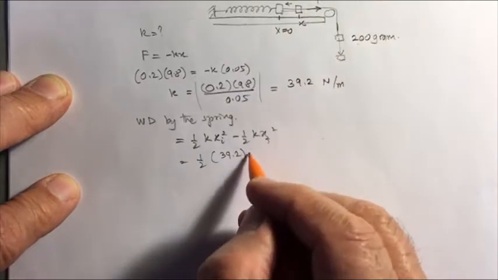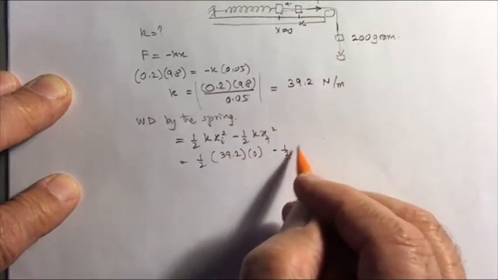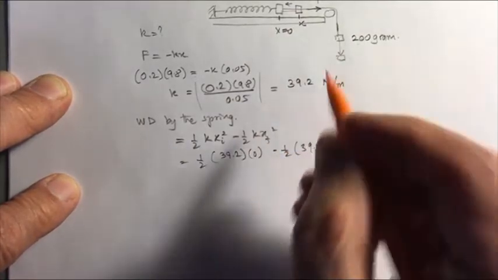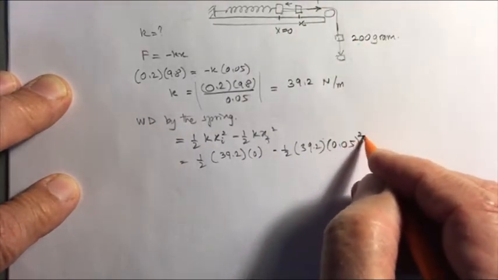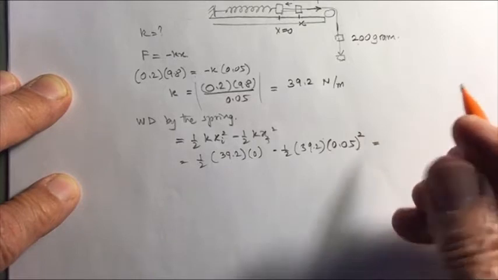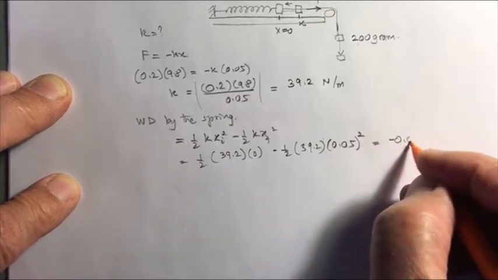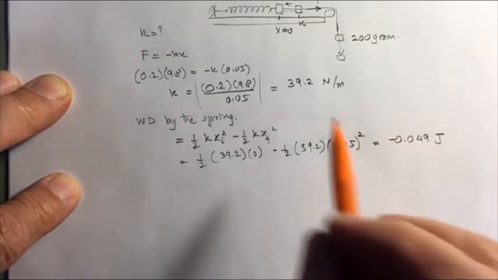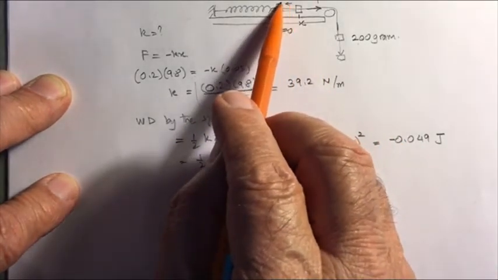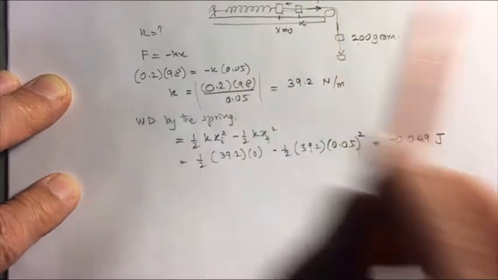X initial we can take as 0, and x final is 0.05 meter, and that comes to minus 0.049 joules. It's negative because the force was pulling to the left, but the displacement was to the right.